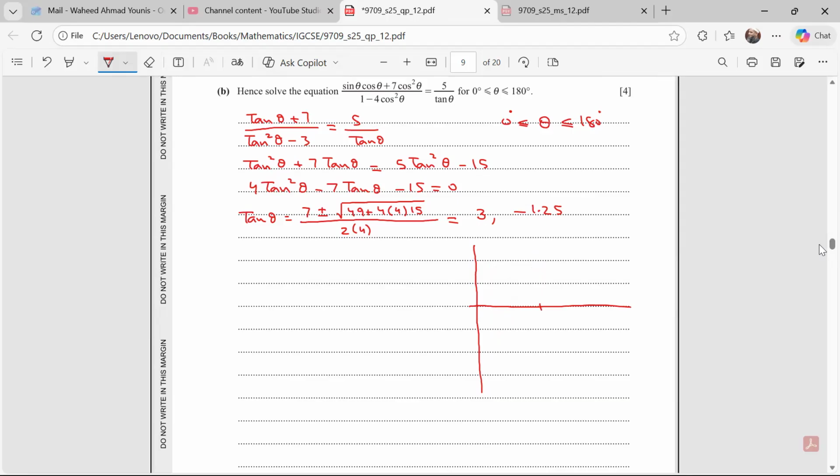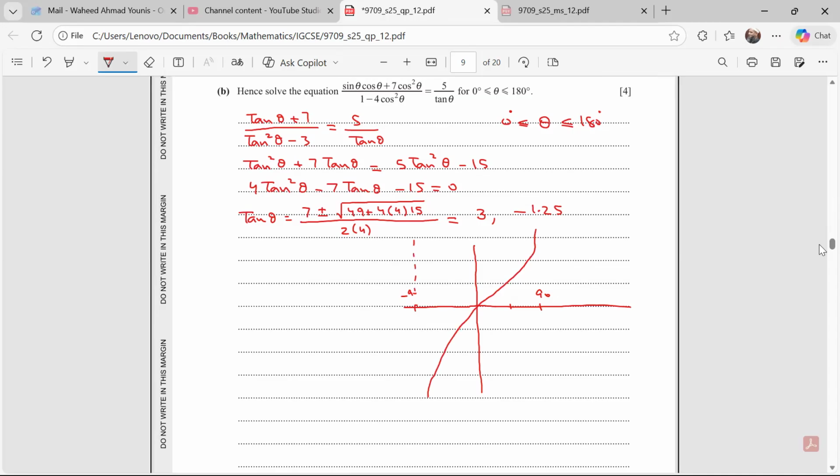This is 90 and this is 45. So this is 90 and this is minus 90. So the graph of tangent theta goes something like this.